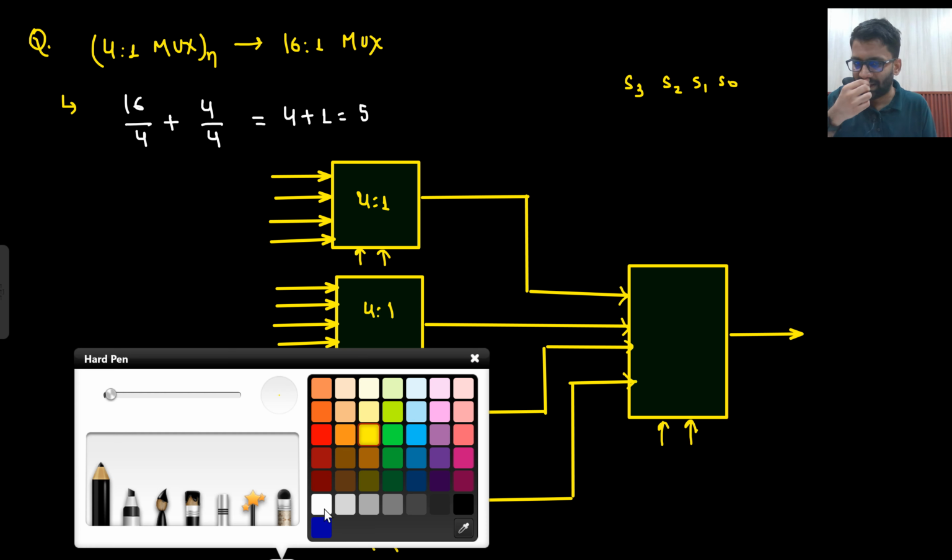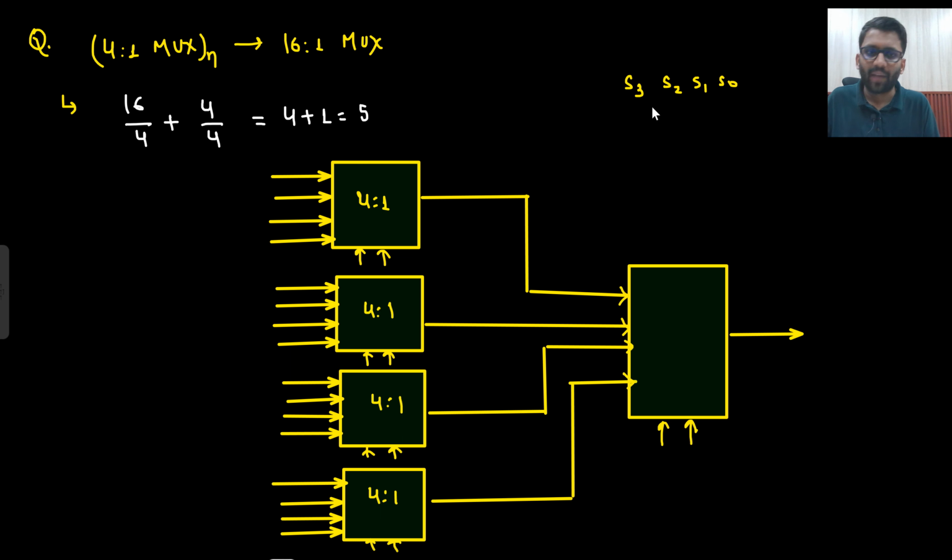So which one will go where? The MSB ones, S3, S2, will go here, and the LSB ones, S1, S0, will go here. These two are the MSB ones.